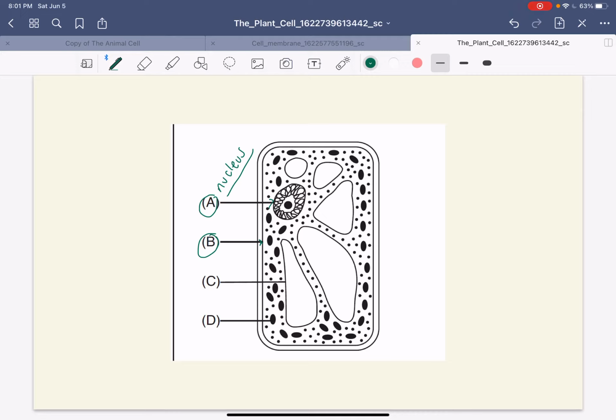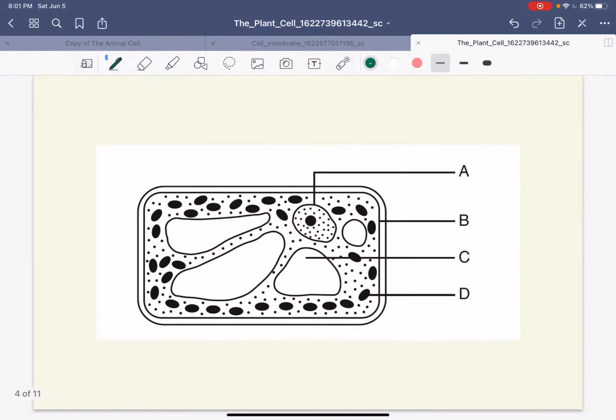That inner layer is the cell membrane. Remember that we also call the cell membrane the plasma membrane. C is pointing to one of the vacuoles, which stores a lot of water. D is pointing to the chloroplast, the site of photosynthesis.